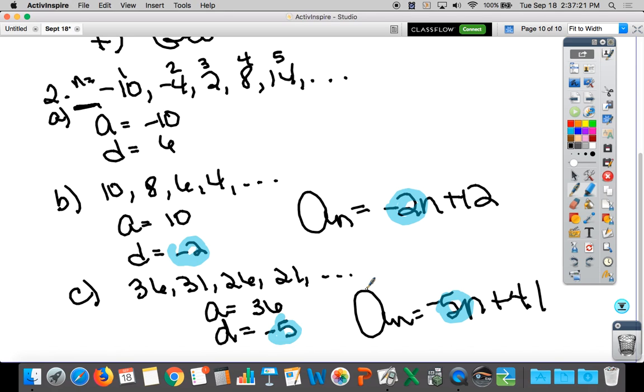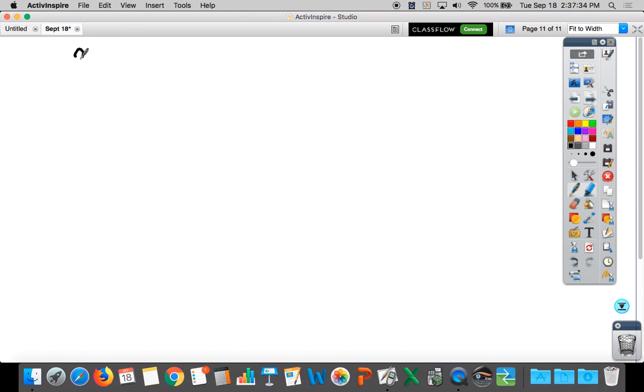It wants you to still deal with 2C. Now, they ask you to find the T sub 7 and the T sub 20. So what in the world are they asking for? The 7th term and the 20th term. Guys, I'm not a detail-oriented person.